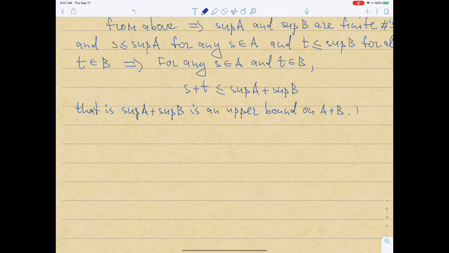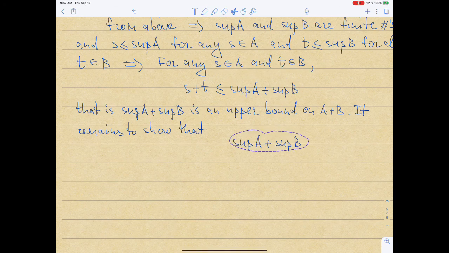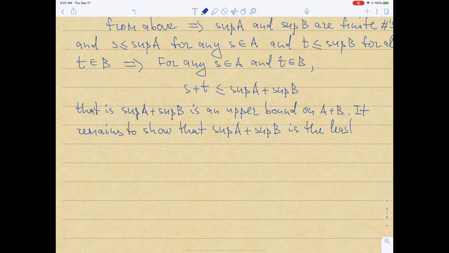So it remains to show that that same number is a least upper bound on A plus B. Well, let's do that.